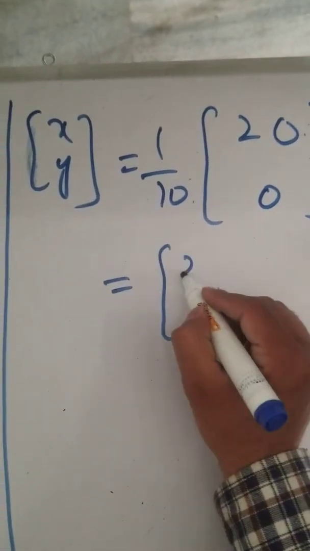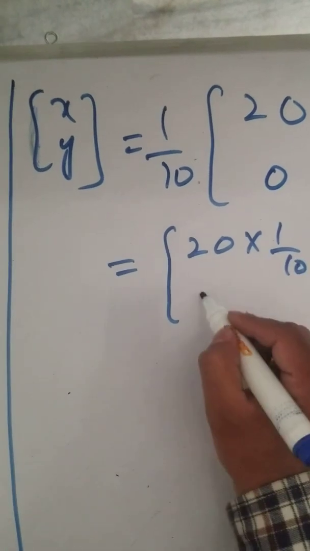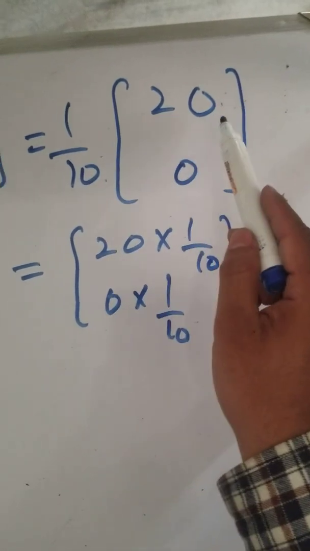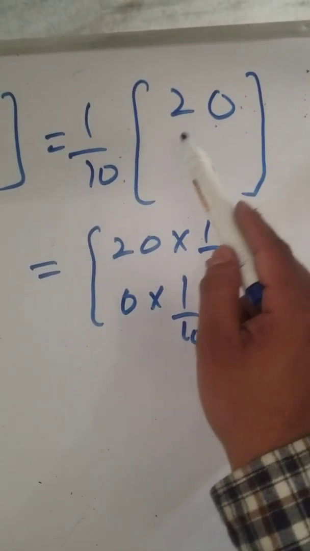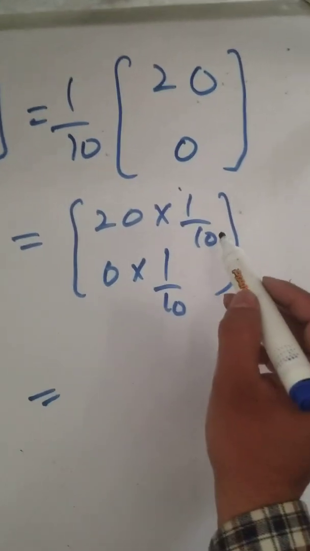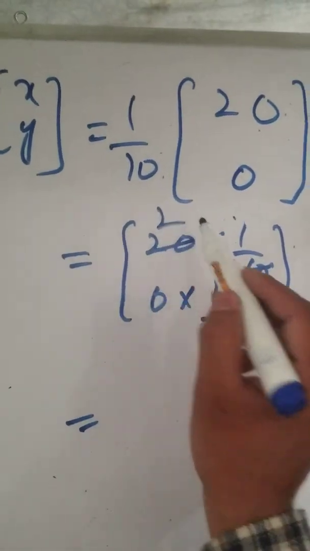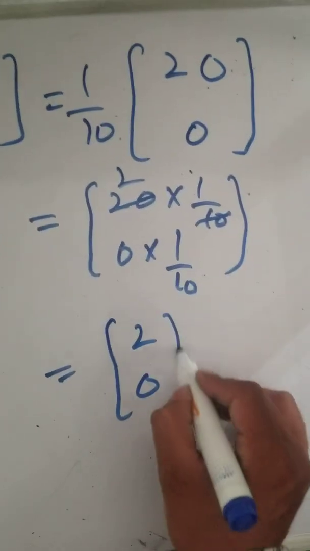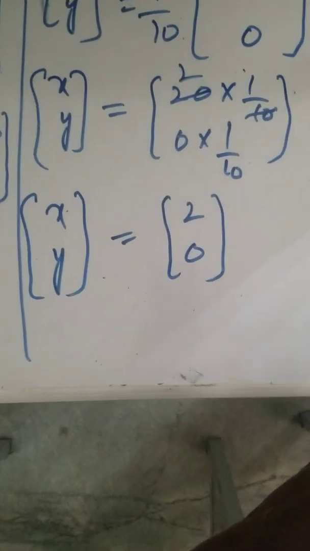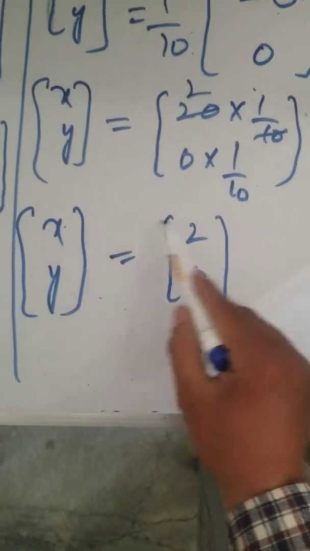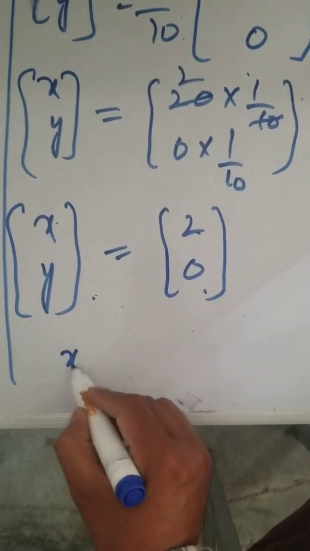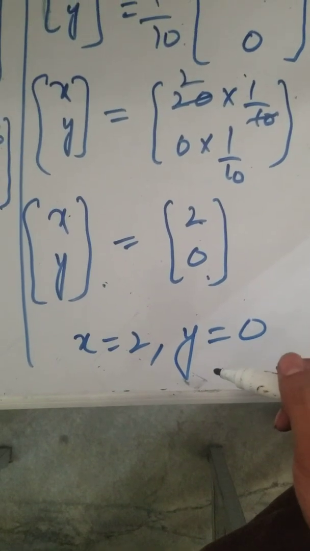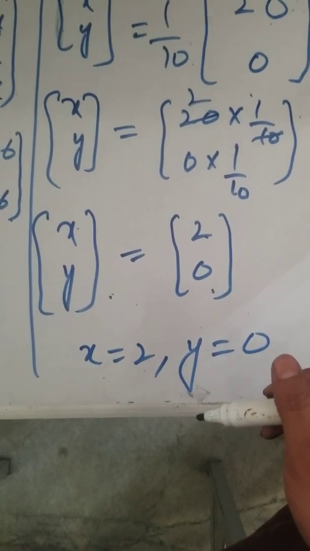So 20 multiplied by 1 over 10 and 0 multiplied by 1 over 10, because this 1 over 10 multiplies with this value and with this value. We cancel 10 over 10, so 20 times 1 over 10 is 2, and 0 multiplied by 1 over 10 is 0. 2 and 0 is the result. Now x equal to 2 and y equal to 0. This is the inversion method for solving simultaneous equations.